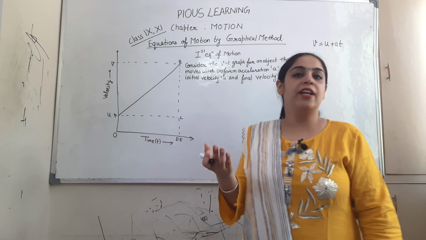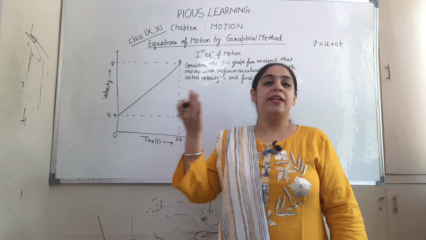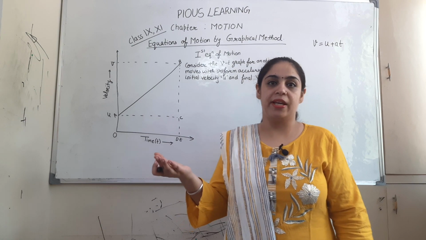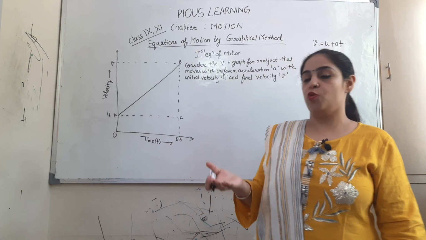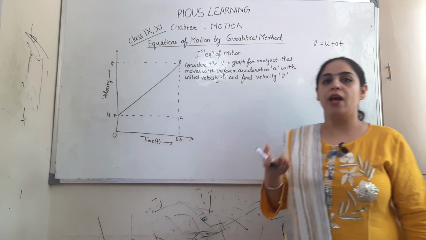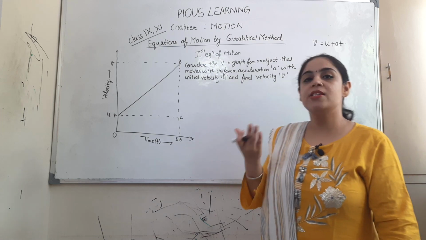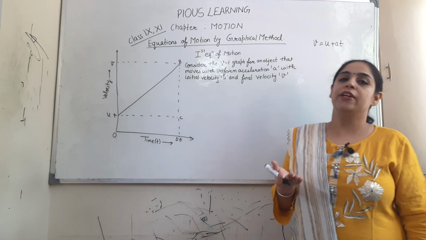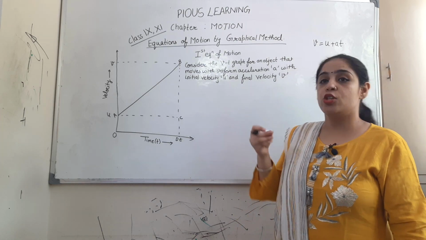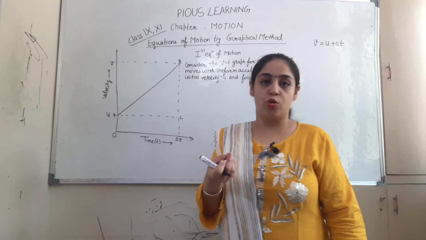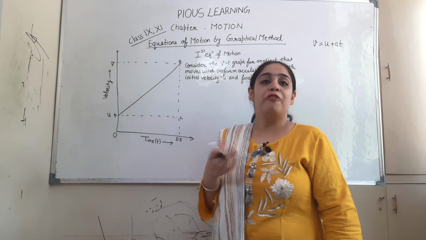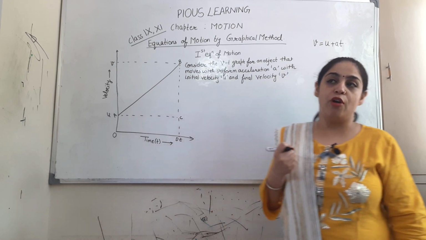So next second it will be 7 meter per second, then next second 9 meter per second, and such kind of motion in which a body undergoes equal change in velocity in equal intervals of time is known as uniformly accelerated motion, which could also be said as one type of non-uniform motion.